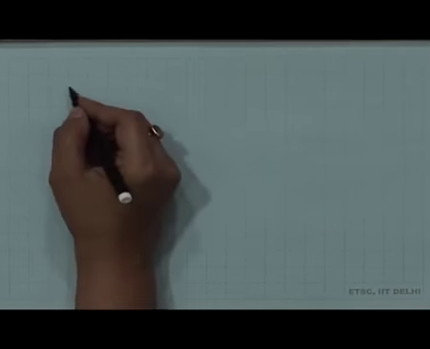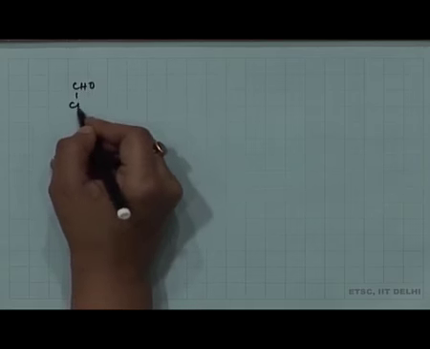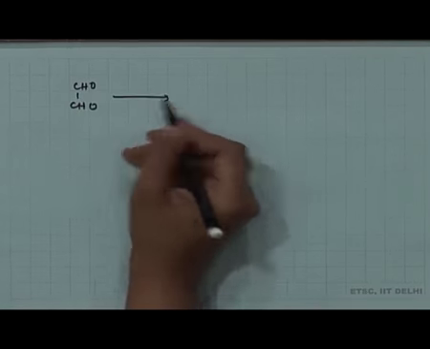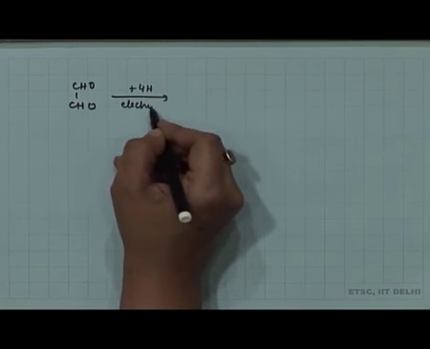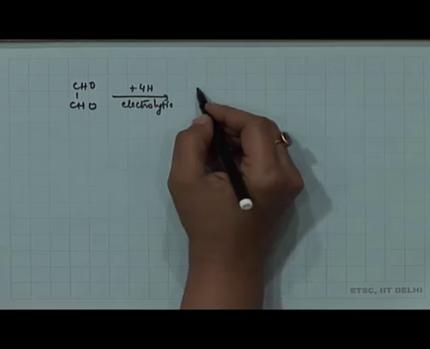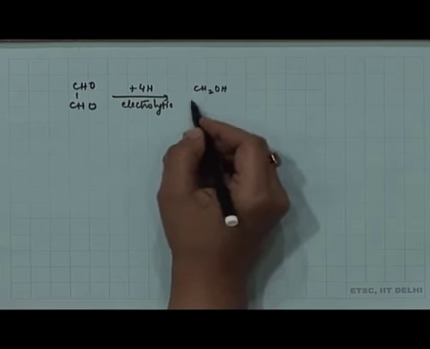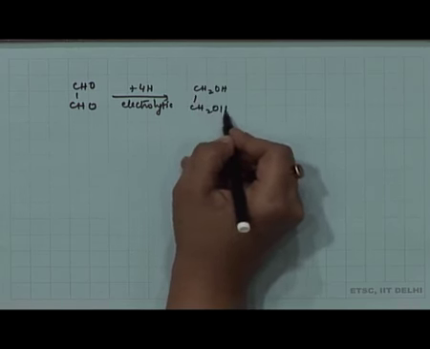If you start from glyoxal, which is the dialdehyde, and carry out electrolytic reduction, you get the diol.